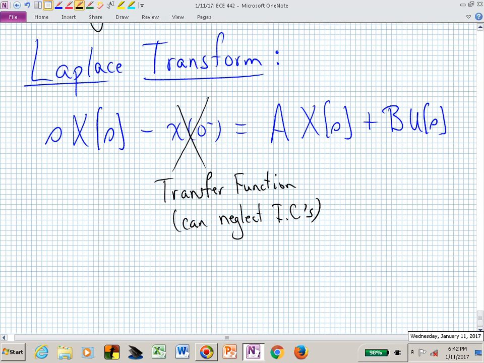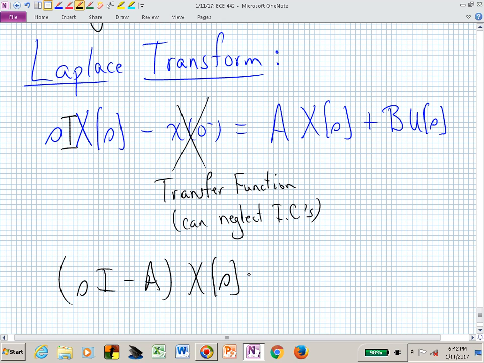And we want to combine these common terms, which means I want to place a placeholder in there, an identity matrix, so that I can say that sI minus A times capital X of s is equal to B U of s.